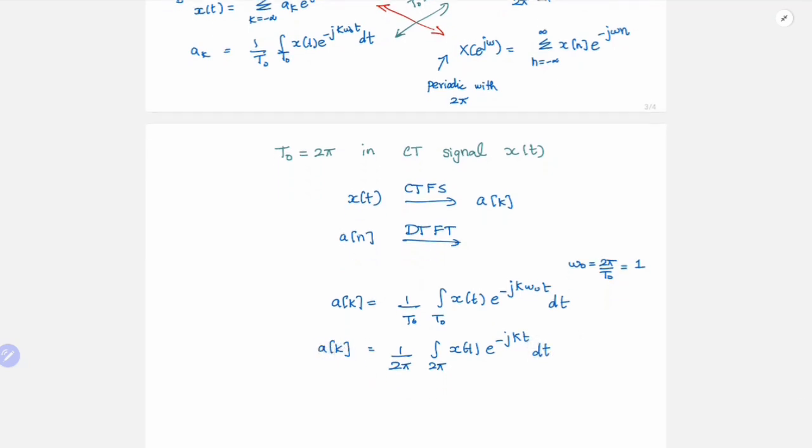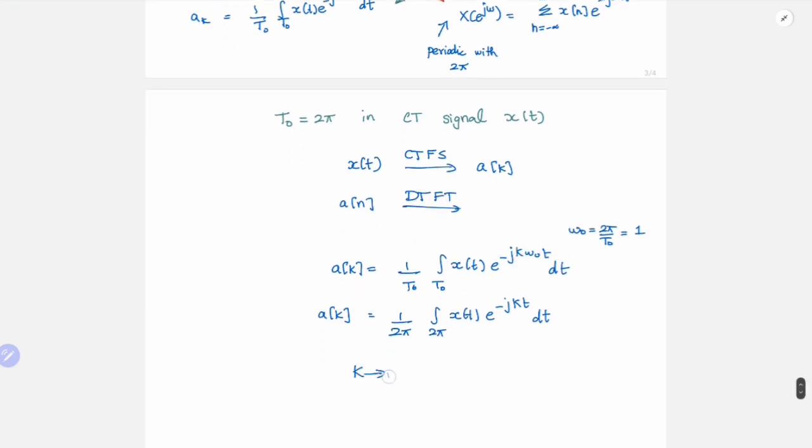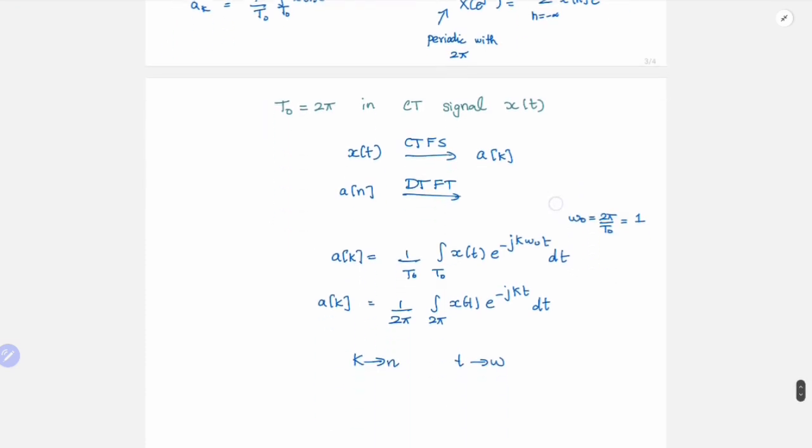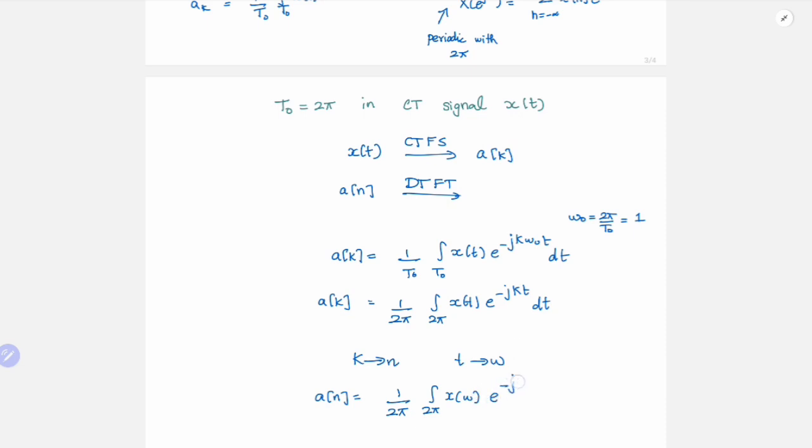Now I want to find the discrete time Fourier transform of a[n]. So I replace k with n, and t I need to replace with ω. I'm aiming for something of this form so that I can find out what my discrete time Fourier transform is. So what I will get: a[n] is equal to 1 over 2π integral over 2π x(ω) e^(-j n ω) dω.